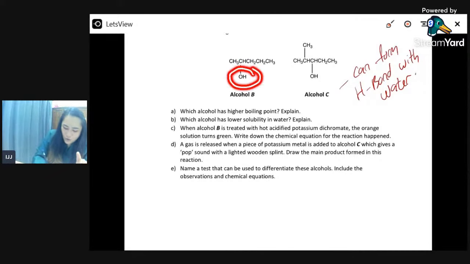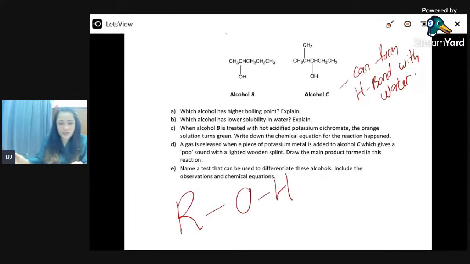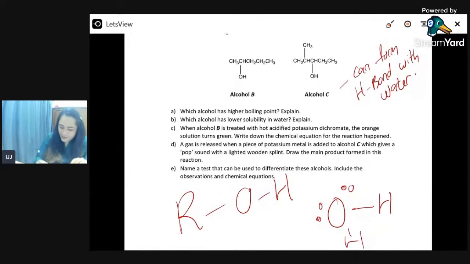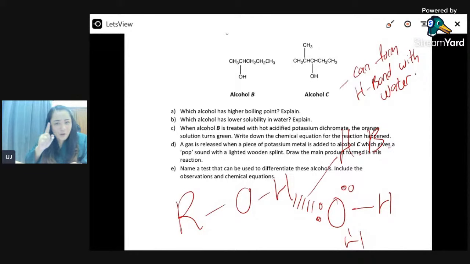Sebab dia ada tu OH group. Ini OH group ni, ROH, ini alkohol kan? Ini kamu punya air, H2O. Dia boleh form hydrogen bond. Ini hydrogen bond. Sebab alkohol boleh form hydrogen bond dengan water, that's why alkohol itu soluble dalam air.